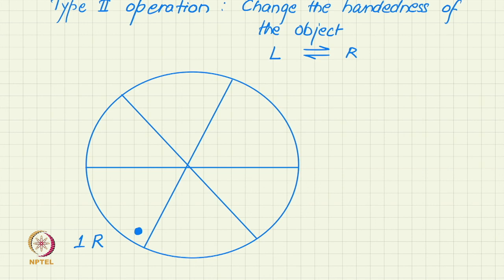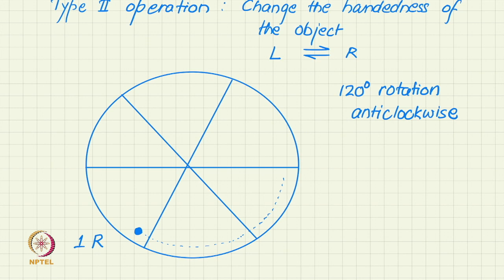Now, the first operation which I have to apply is 120 degree rotation, and of course, we have to be concerned about the sense of rotation also, and positive sense is anti-clockwise. So, let me take a 120 degree anti-clockwise rotation. So, that is 60 and that is 120.